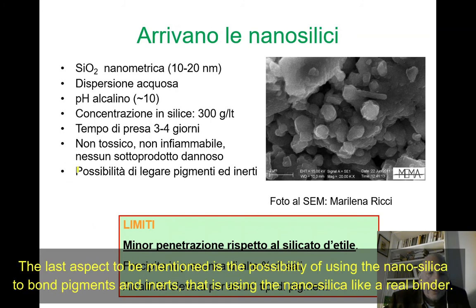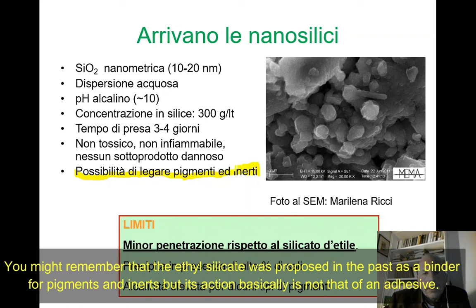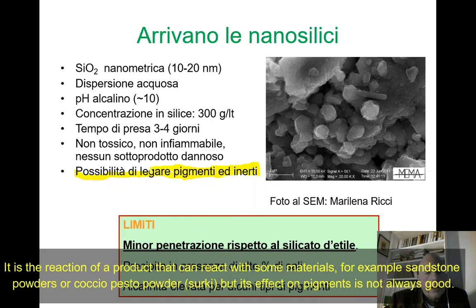The last aspect to be mentioned is the possibility of using nanosilica to bond pigments and inerts, that is, using the nanosilica like a real binder. You might remember the ethyl silicate was proposed in the past as a binder for pigments and inerts, but its action basically is not that of an adhesive. It is the reaction of a product that can react with some materials, for example sandstone or cacio pesto powder, but its effect on pigments is not always good.